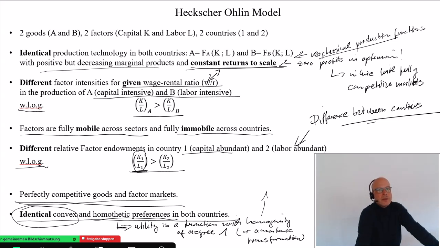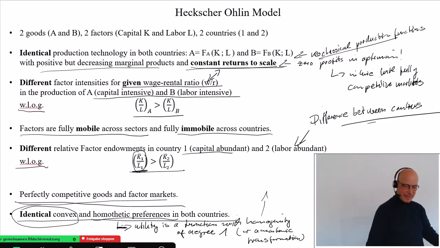Hopefully you have talked about this mathematical property not only in micro but also in other lectures. Well, I talked in macroeconomics about it. Homogeneity is in the end the same as constant returns to scale.